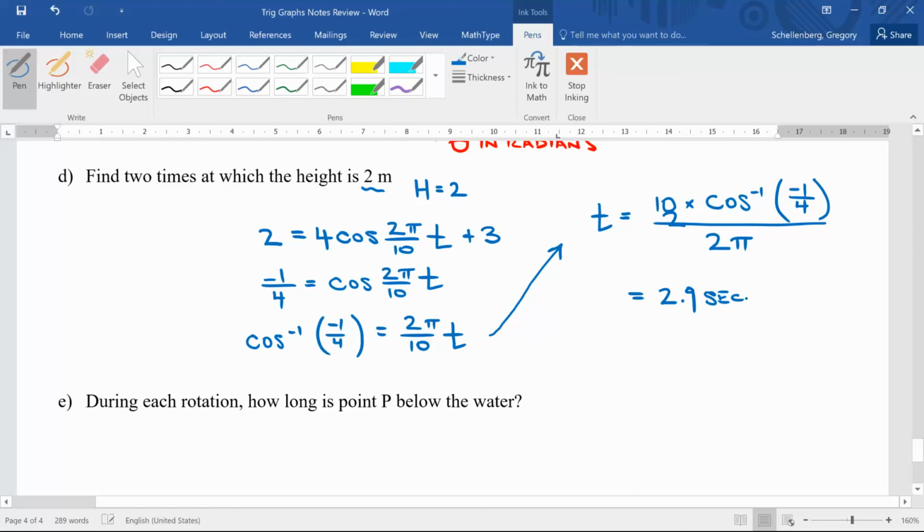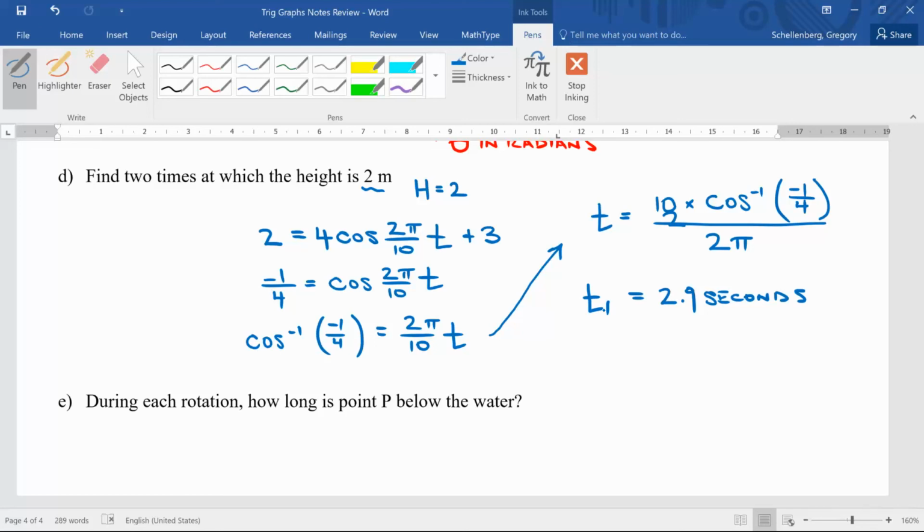So the question is asking, find 2 times at which the height is 2 meters. Okay, I'm going to call this T1, or time 1. The first time that our water wheel, or point P on the water wheel, is at a height of 2 meters is at 2.9 seconds.